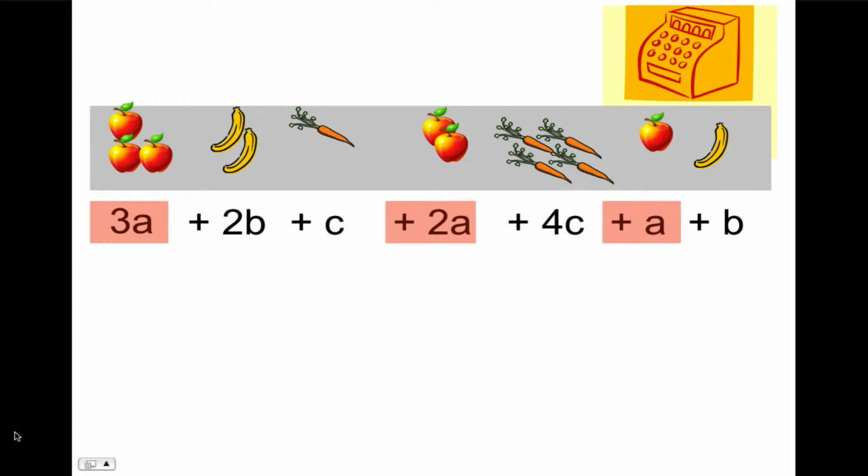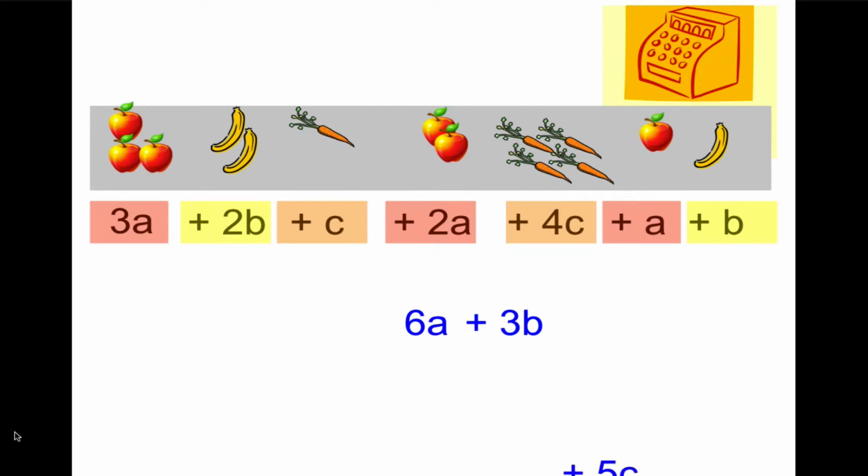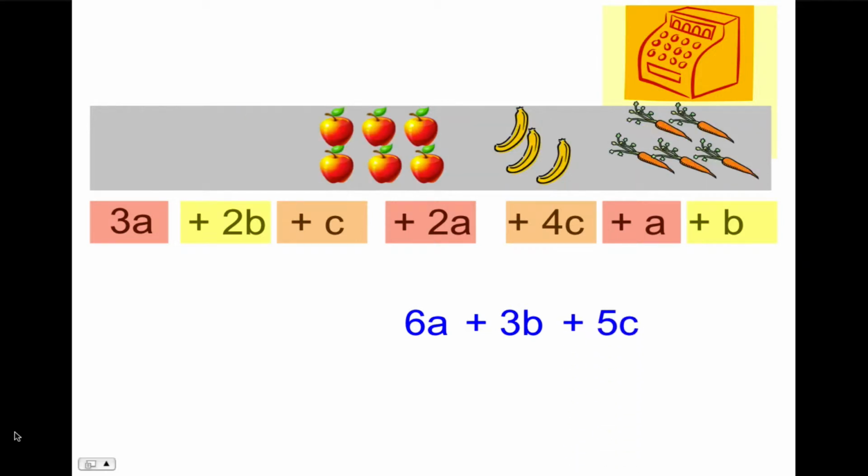So 3A plus 2A plus 1A, that's 6A, and 2B plus B equals 3B, and C plus 4C is 5C. So when we combine all the fruit and vegetables, we have 6 apples plus 3 bananas plus 5 carrots.